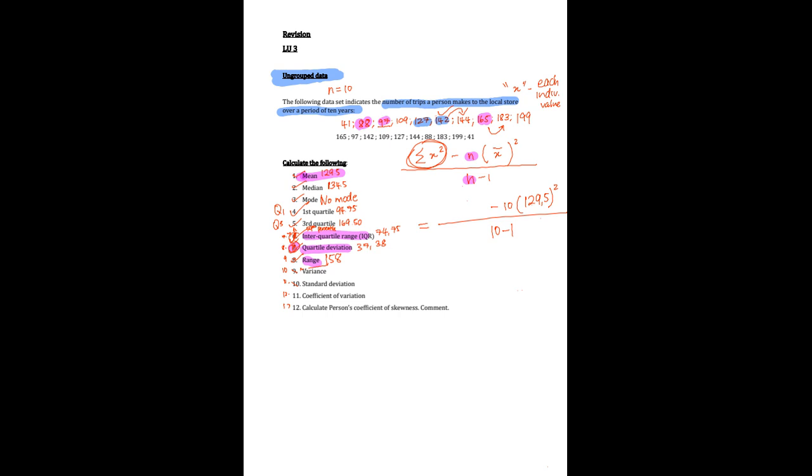Now, what is the sum of x squared? Remember I said to you at the beginning, and it's still written here, that each value is referred to as an x value. That means we're squaring each value and summing it up, meaning you're taking the first value, the 41, squared, plus the next value, 88 squared, plus the next value, 97 squared, plus the next one, 109 squared, 127 squared, and you'll continue like that till the end.